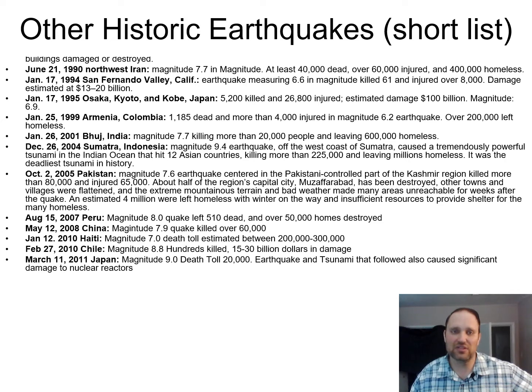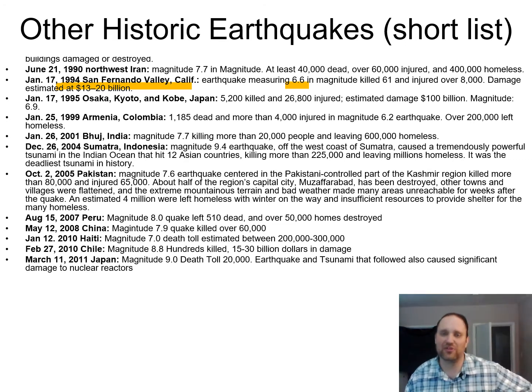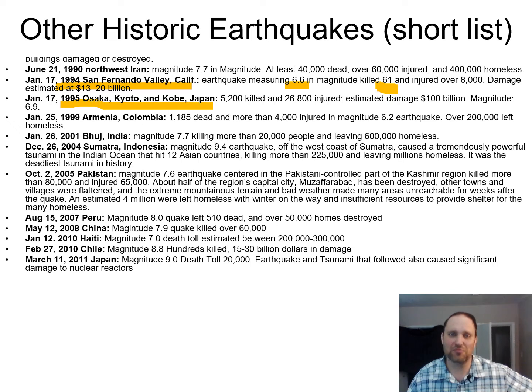If we look at some stuff in the US, in 1994 in California, magnitude 6.6, so a strong earthquake, only about a tenth of the size of what happened in Iran, but this one killed about 61. And just a year later, on the same date, we had one that happened in Japan, just barely slightly bigger in size, but not dramatically, but it killed over 5,000 people.